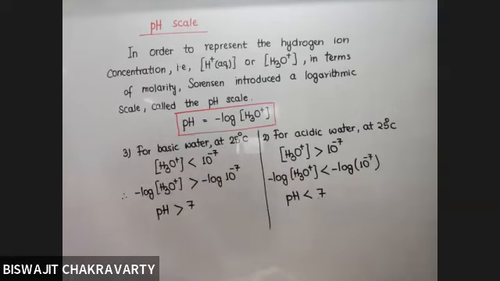So if it is a base in the solution, or if it is a basic solution, pH will exceed 7. If acidic, pH will be less than 7. And if exactly neutral, neither acidic nor basic, then it will be 7.